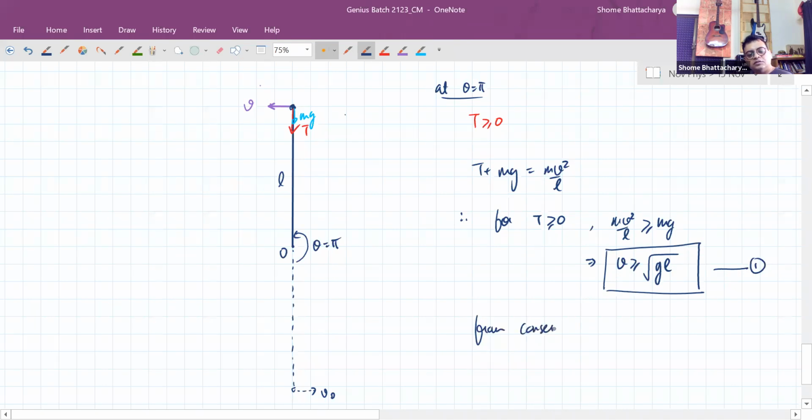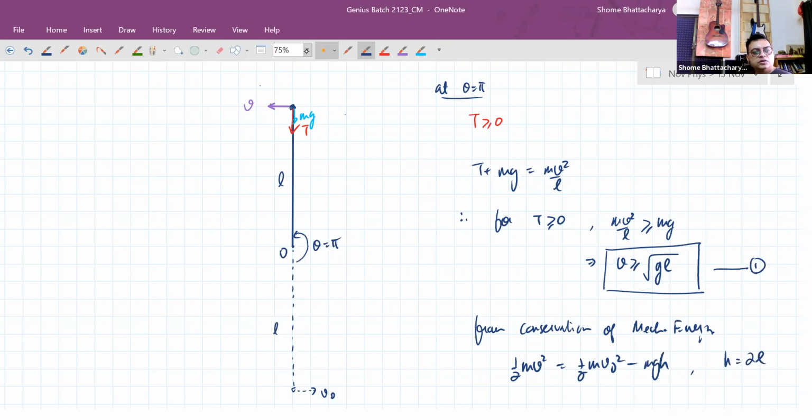Okay, right. Now from conservation of energy, we have, comparatively, H here is 2L, going from here to here.